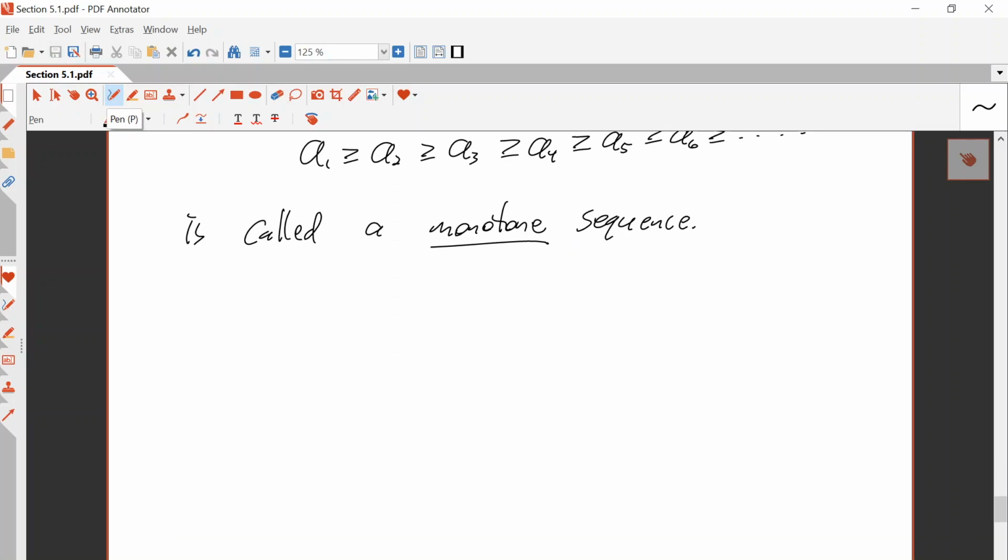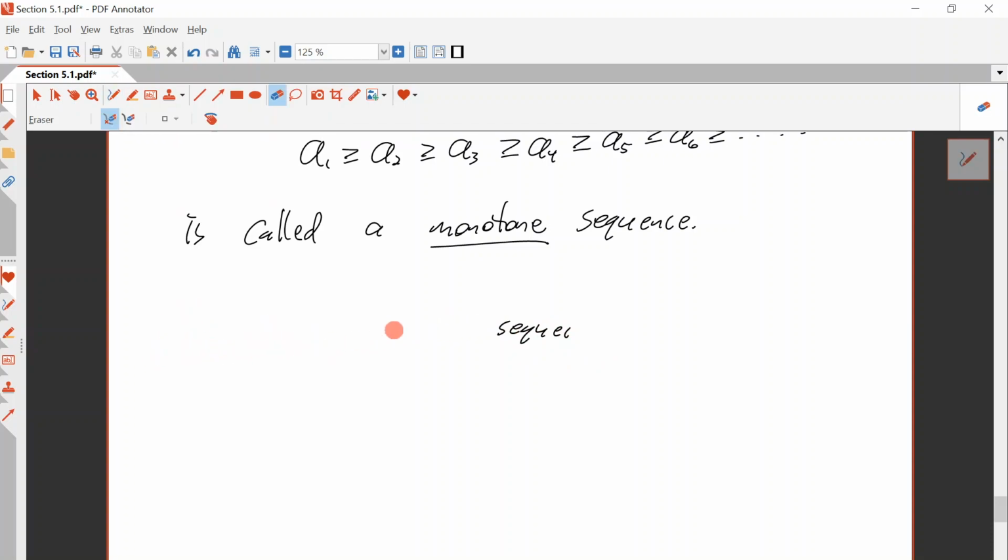And intuitively, it's clear that a monotone sequence that is bounded, with an upper bound or a lower bound, must converge. Well, let's give it a name first.